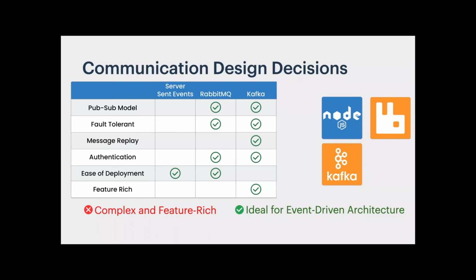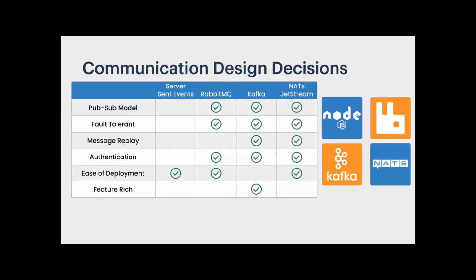Due to the fact that we don't anticipate flag rule set data being changed on a very frequent basis, we opted not to pursue usage of Kafka. Finally, we landed on NATS JetStream, which is an open source message broker that met all of our requirements, including supporting pub/sub communication, being fault tolerant and guaranteeing delivery, providing message replay and authentication, and being a lightweight and easy to deploy message broker.